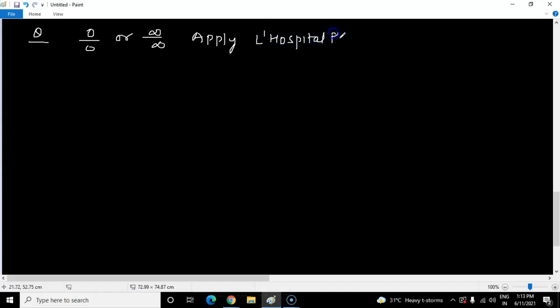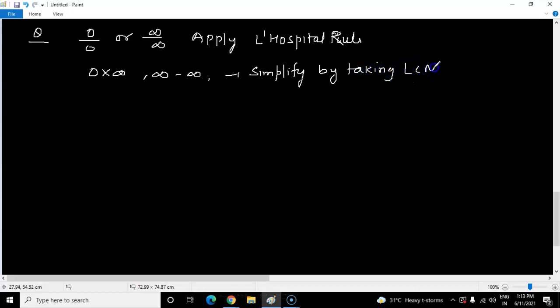If some limit is given in other forms, like 0 into infinity or infinity minus infinity, so this one is given here. We have to simplify the function by taking the LCM, do any operations and try to convert it in the form of 0 by 0 or infinity by infinity.